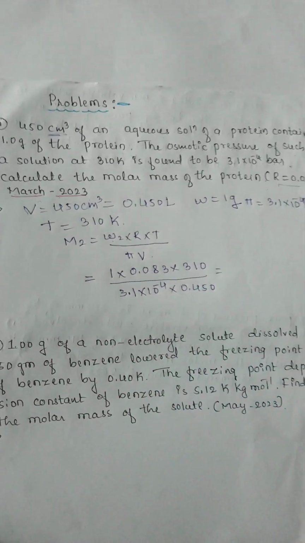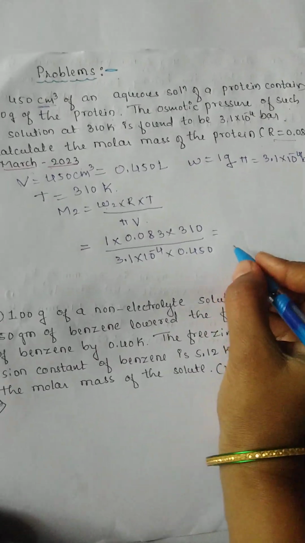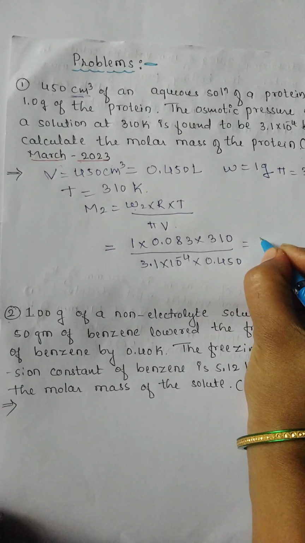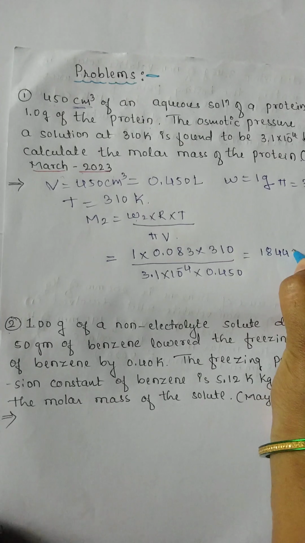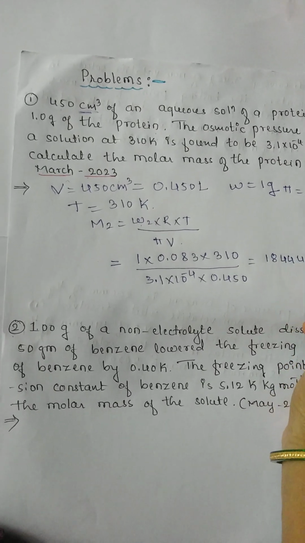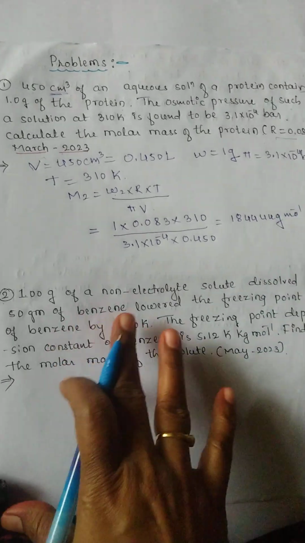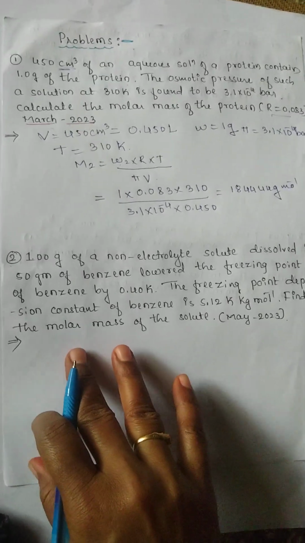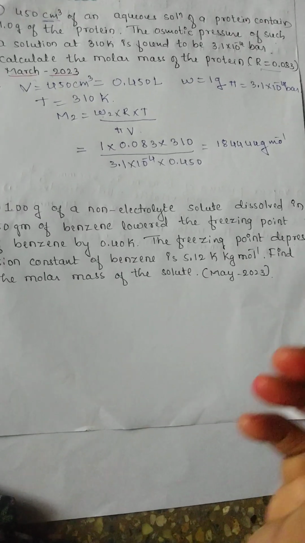So you can use the calculator and try this one. I will give a direct answer, that is 184444 grams per mole. Okay, this is the answer. So you can check with the help of a calculator.